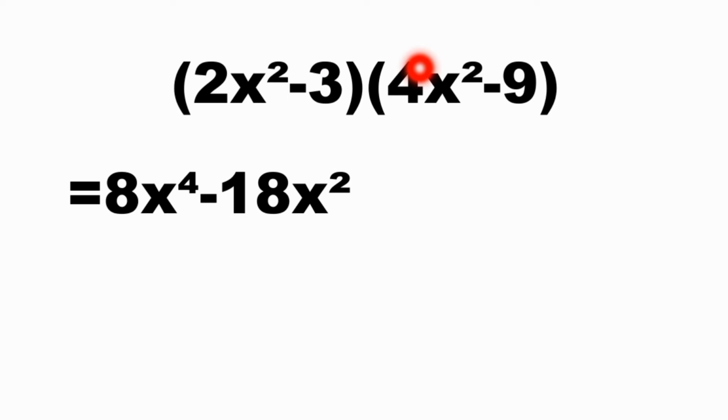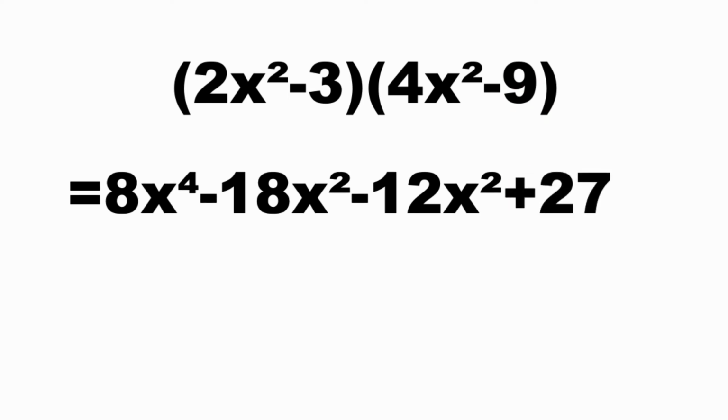Negative 3 times 4x squared is negative 12x squared. And the last: negative 3 times negative 9 is positive 27, or plus 27. Notice that the last terms are both negative, so we have a positive.